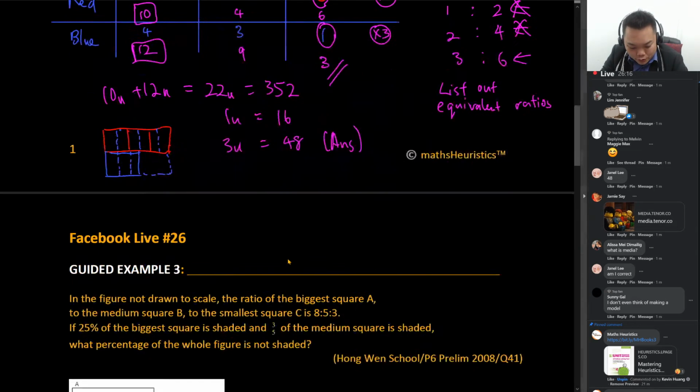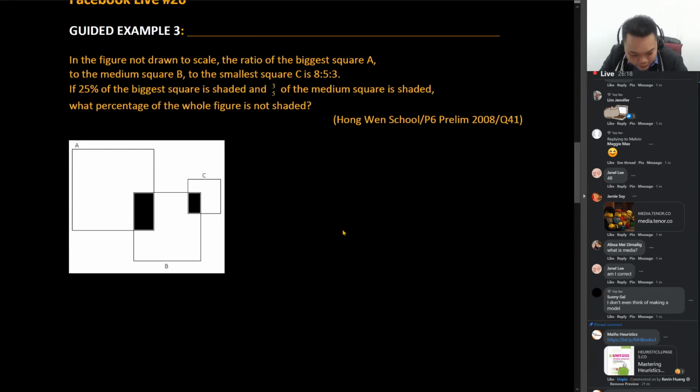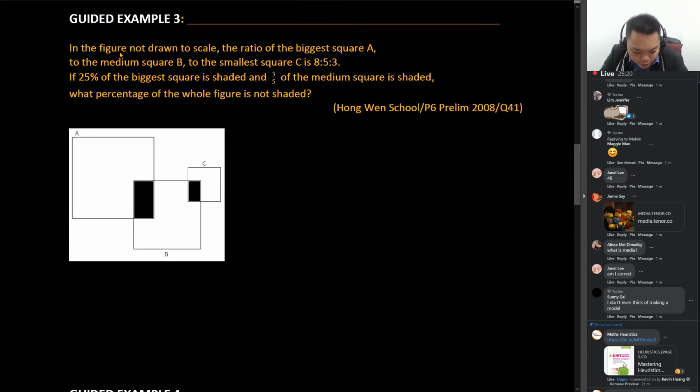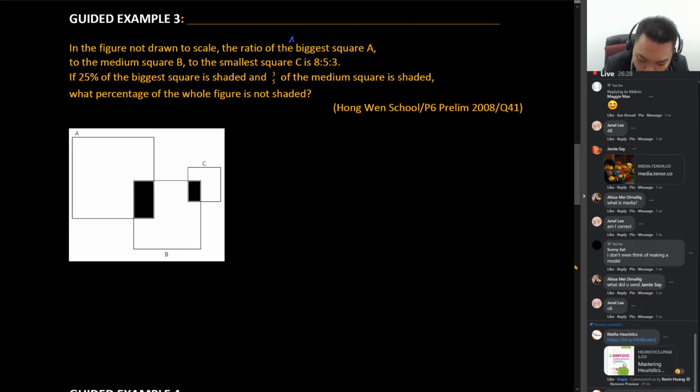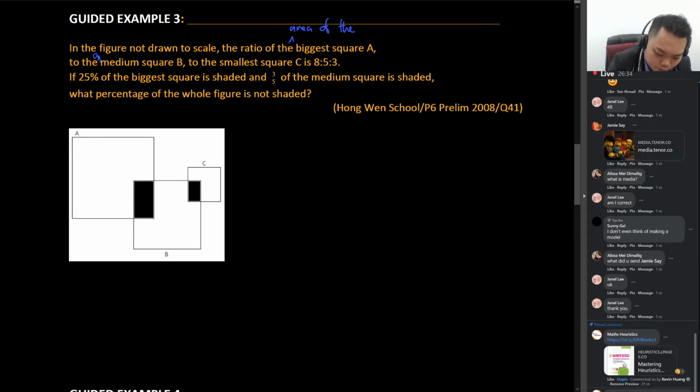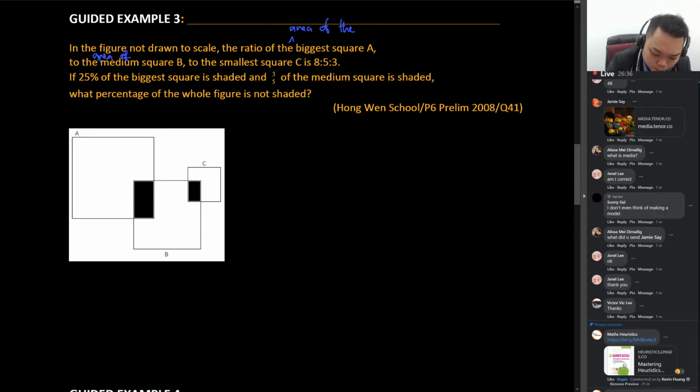Yeah, so next one, number 3. In the figure below, not drawn to scale, the ratio of the area of the biggest square A to the area of the medium square B to the area of the smallest square C is 8:5:3.